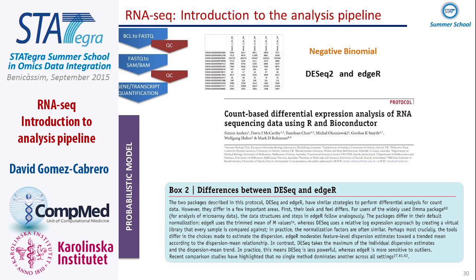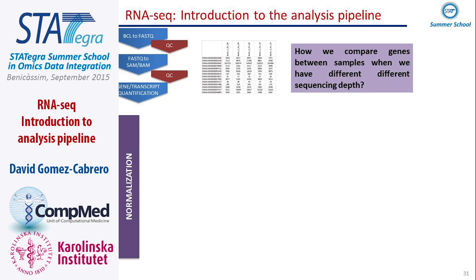Talking about normalization and differential expression, how we address the data is complex because it affects every part of the analysis. So right now, if we have count data, the assumption is that the negative binomial is the best way to think about our data. Let's go back one step to what you were saying about how we compare genes when we have different sequencing depth.